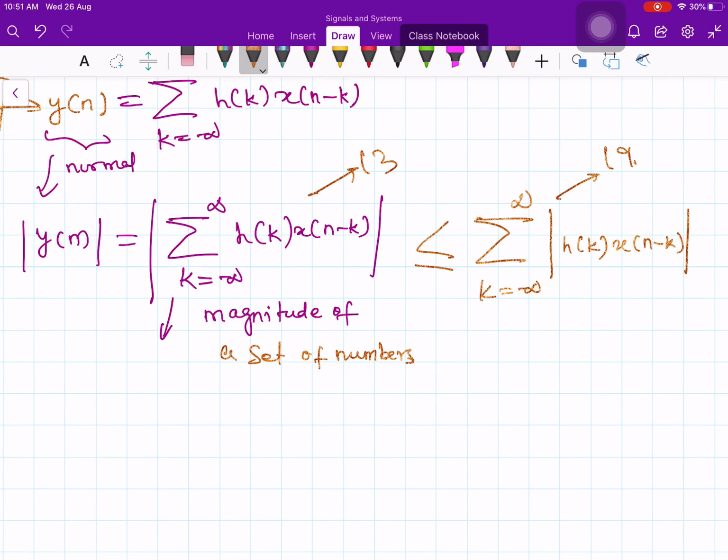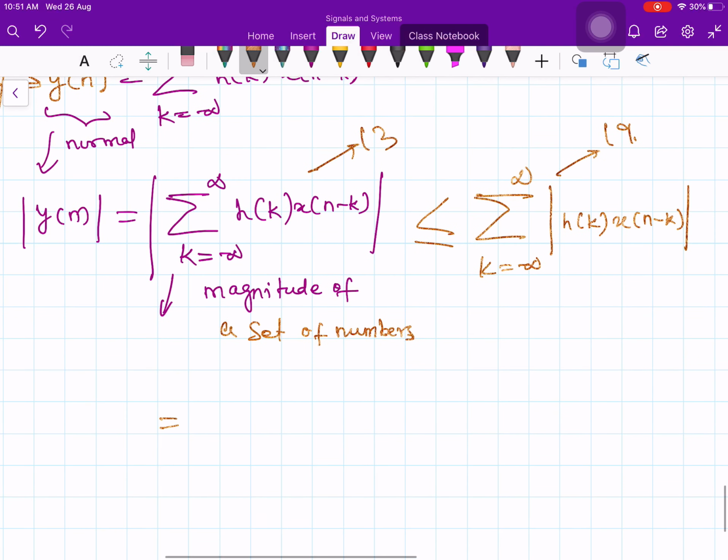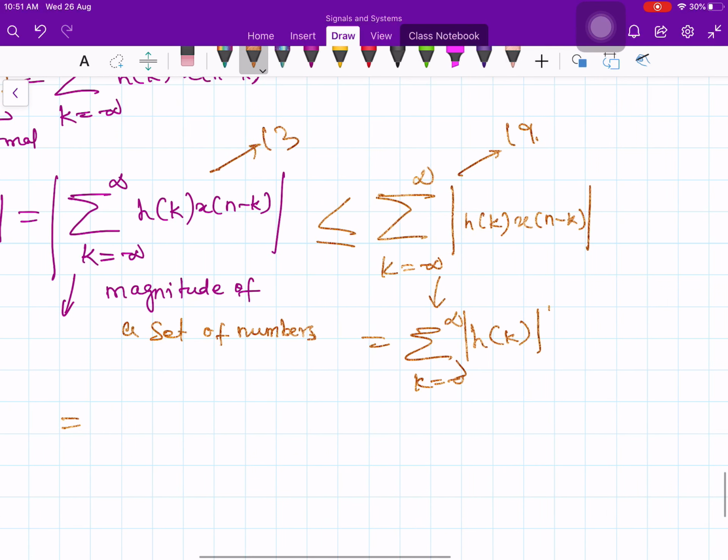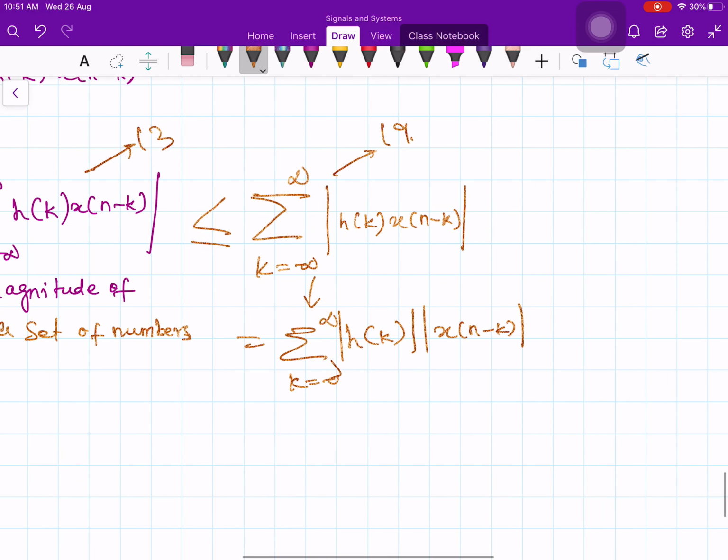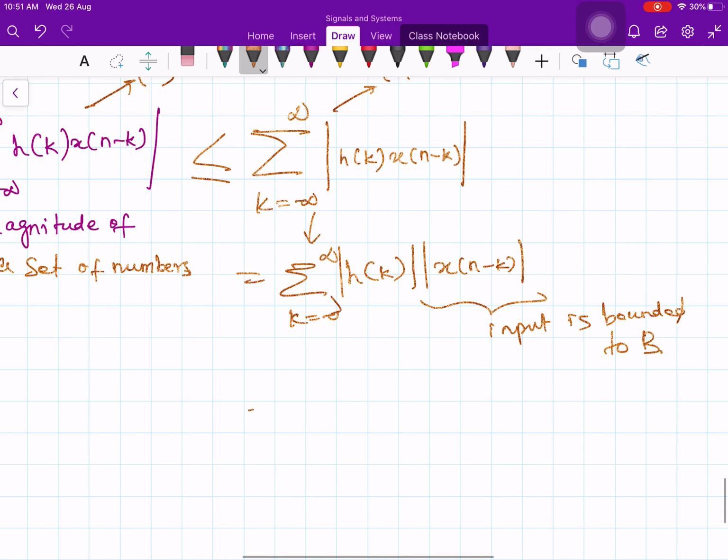Now, again this one is equal to sigma k equal to minus infinity to plus infinity of mod of h of k, splitting the magnitude, times mod of x of n minus k. You can write it like this. Now, what we said, the input is bounded. So this is my input, right? The input is bounded by b. You can replace it in the summation by b, so you can pull the b out of the summation.